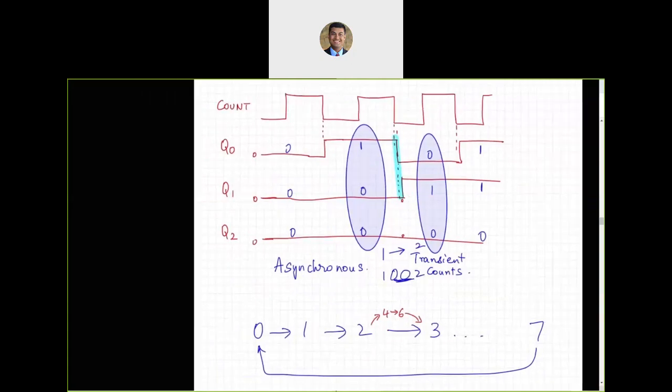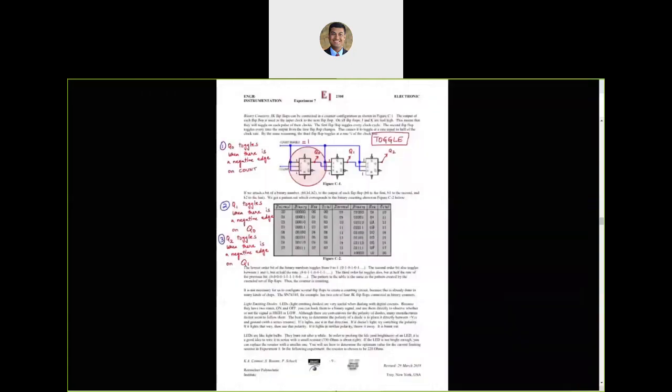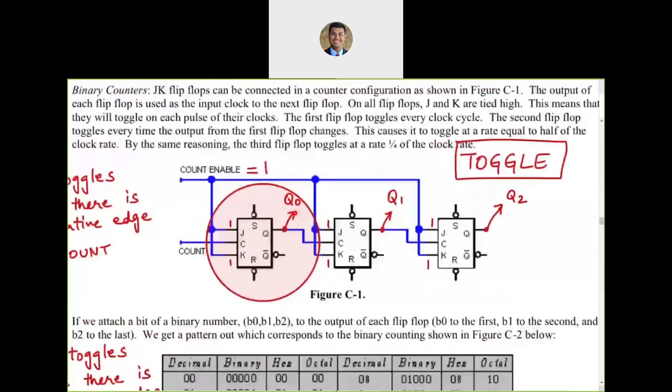Q0 changes soon after there is a change in the count. So there is a propagation delay through a JK flip-flop, very small, maybe a few nanoseconds. When the JK flip-flop sees the negative edge on the count, Q0 changes a few nanoseconds after that.